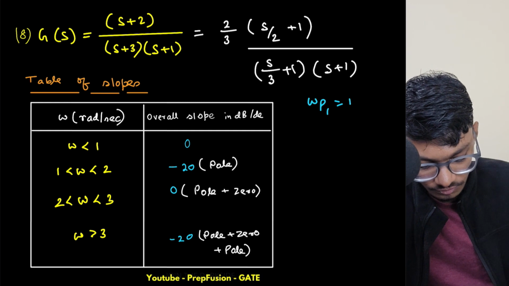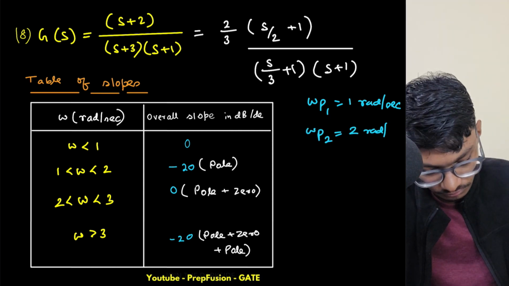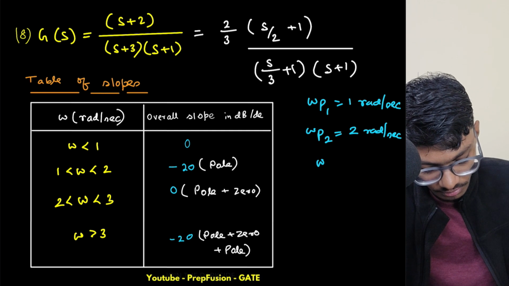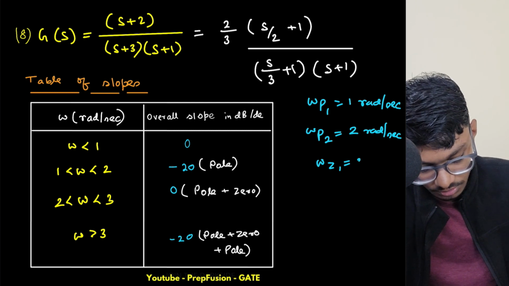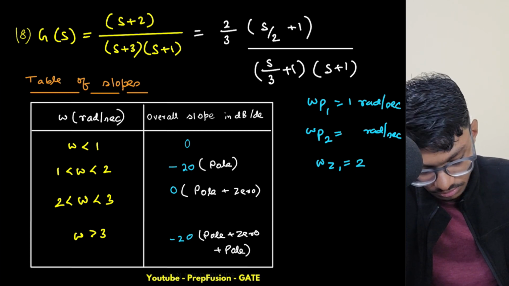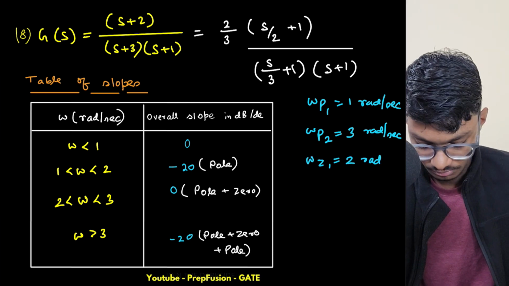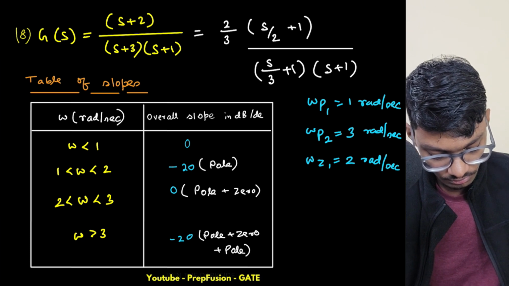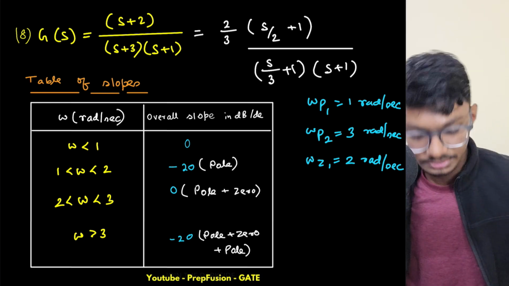Omega p1 equals 1 radian per second, omega p2 equals 2 radian per second, sorry, omega p2 is 3, omega z1 equals 2 radian per second. Okay, so this is the case.